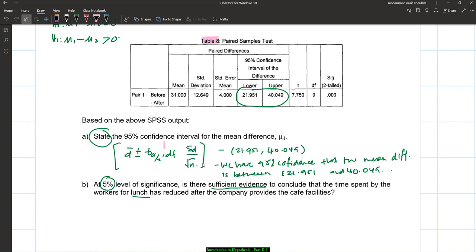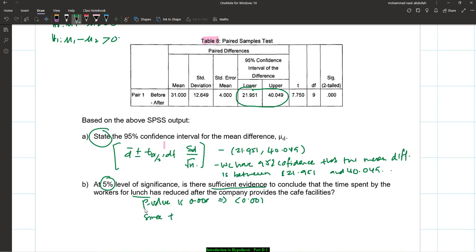So we look at the p-value. The p-value is 0.00, which is less than 0.001.